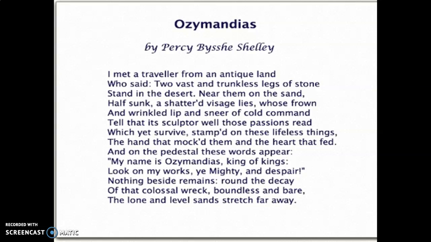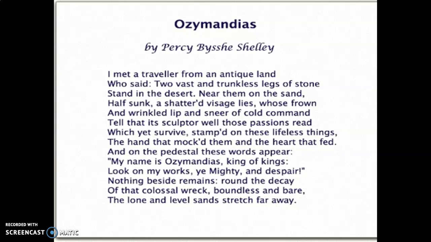These passions were the only surviving things about that person, stamped forever on these lifeless things. Lifeless things were the stone or the rock from which the statue was carved.